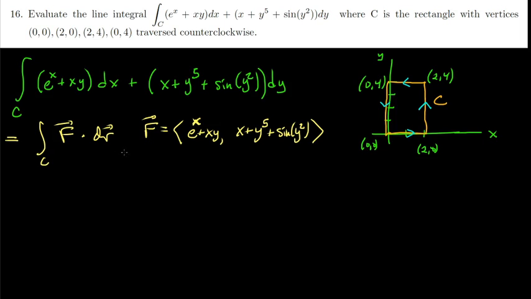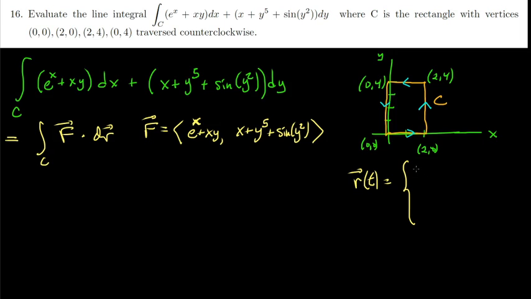And r, of course, is the curve parametrically. So this is a rectangle. I already drew the rectangle here on the right, and we're going counterclockwise. We have the four corners, the four vertices. If we want to parameterize it, and I don't think we do, this would be a piecewise smooth curve.